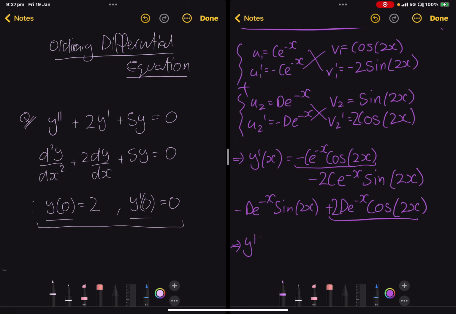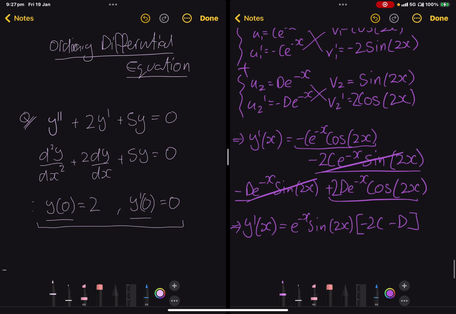It doesn't matter the way in which we do it, but we'll do sine first. So we have minus 2c e to the minus x sine of 2x here. So we can take e to the minus x sine 2x out the front. This is going to be multiplied by minus 2c minus d. So that's these two sine terms.